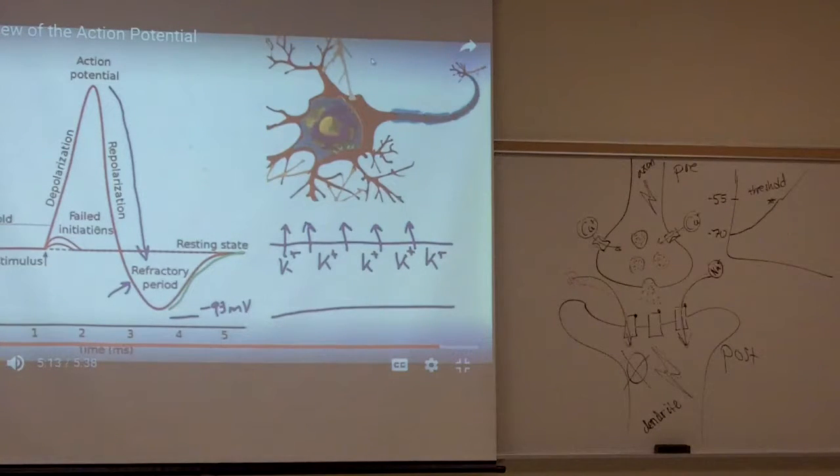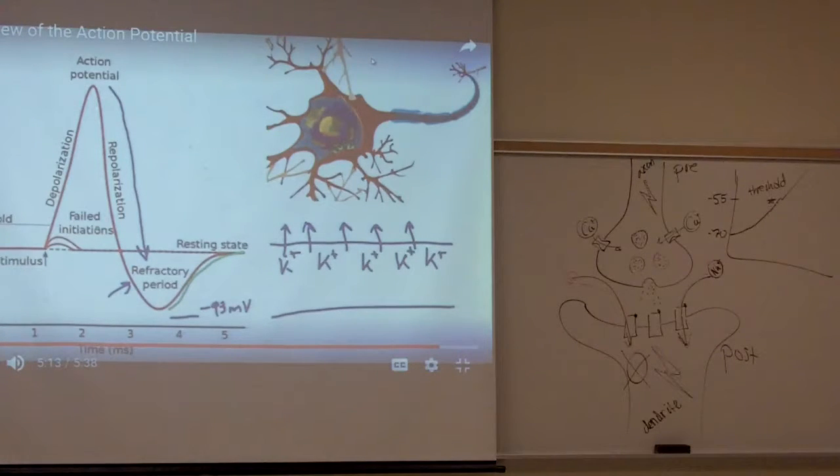Joe, go ahead. When it reaches hyperpolarization during the refractory period, is it kind of the same with a muscle and a neuron? Like the neuron cannot be charged at that point? Correct. Because with a muscle during a refractory period, it can't contract again. Exactly.